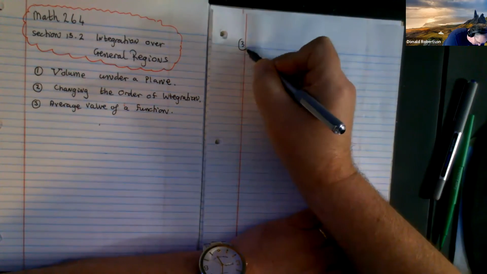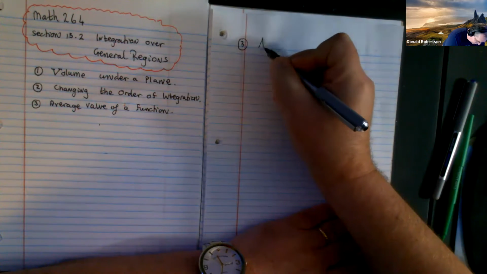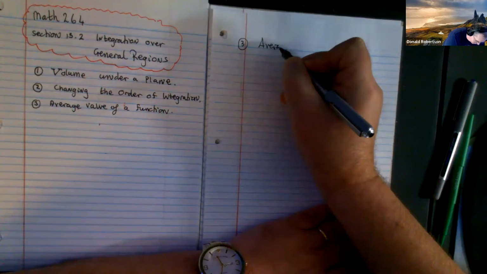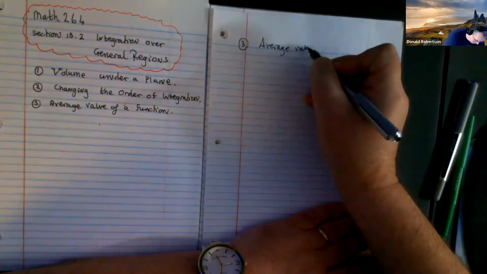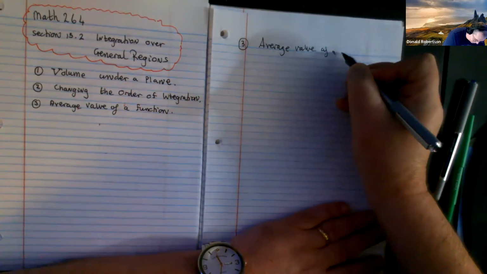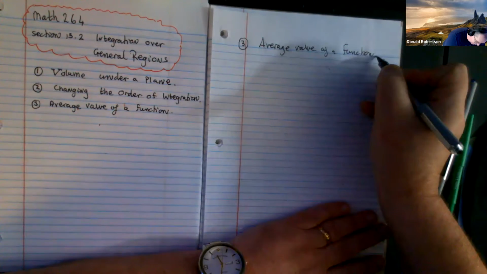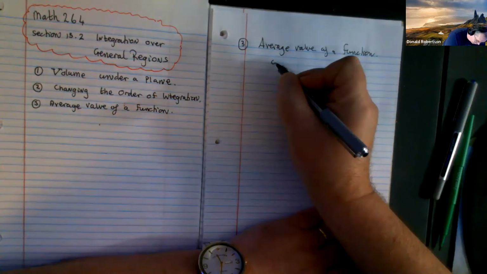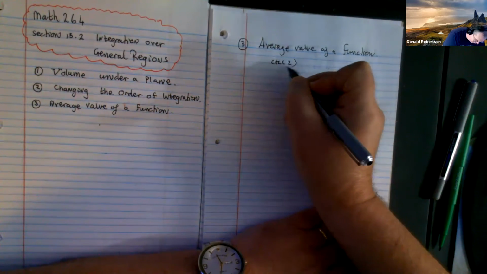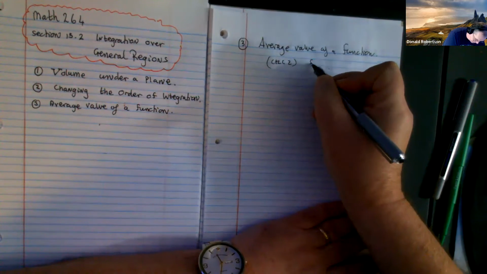And our last thing is we're going to find out how to find the average value of a function. The average value in Calc 2, right? Calc 2 is just the f of x world, right?